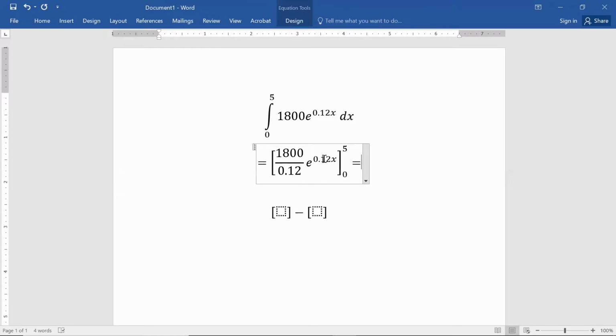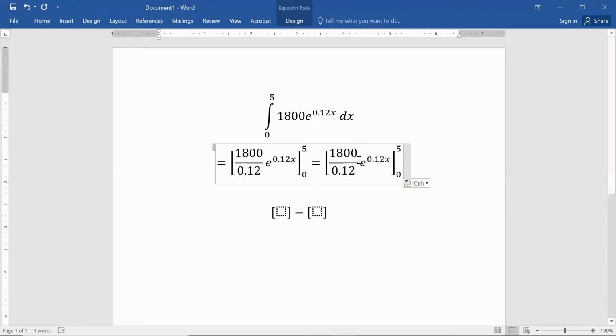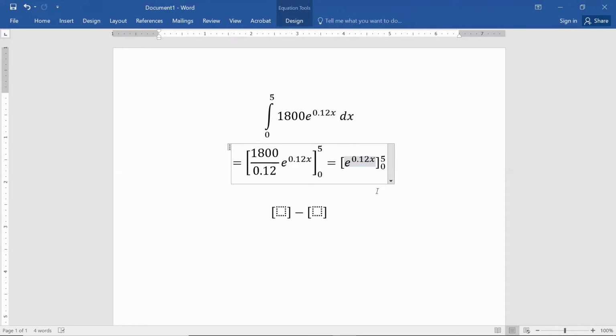By the way, 1,800 divided by 0.12, you can simply write that, or you can type that into your calculator if this fraction bothers you. I'm typing into my calculator right now, 1,800 divided by 0.12, and that becomes 15,000 as the coefficient.